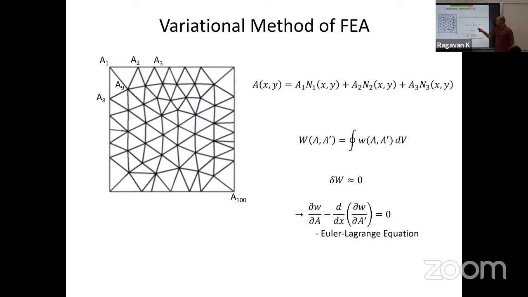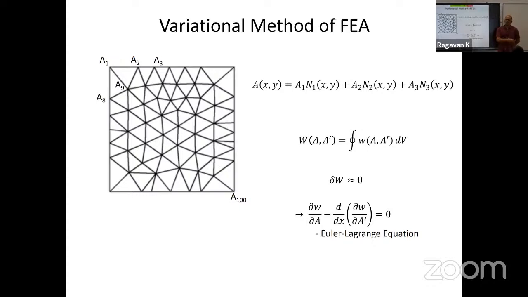So if this A is a function of x comma y and A dash is also a function of x comma y, then this energy density function, in electromagnetics, I'm using energy as a parameter to check whether we have reached the final solution or not.